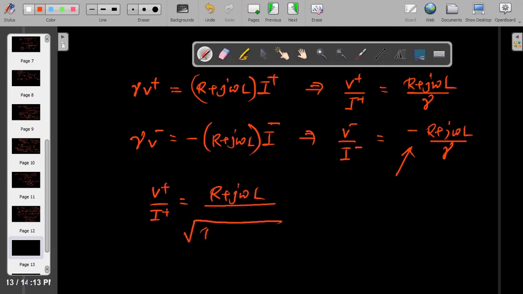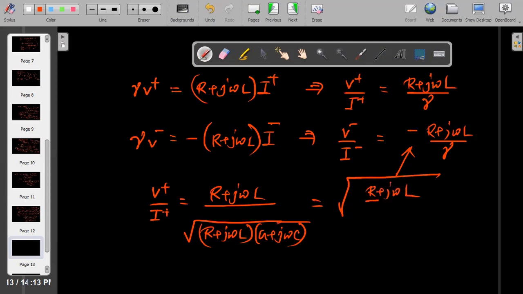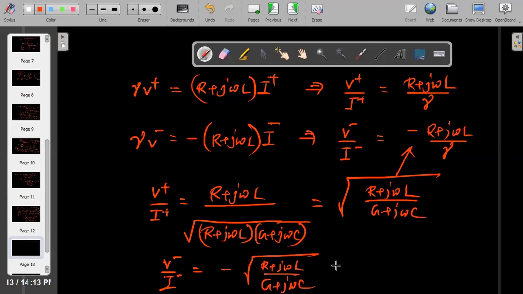Root over R plus j omega L into G plus j omega C. Already I told that one. So it will be cancelled. It is coming as root of R plus j omega L divided by G plus j omega C. Similarly, V minus by I minus will be coming as minus of the same, root of R plus j omega L by G plus j omega C.